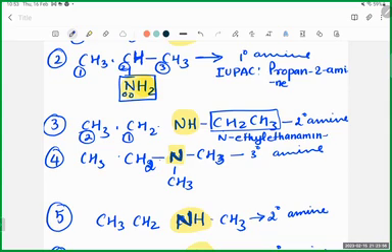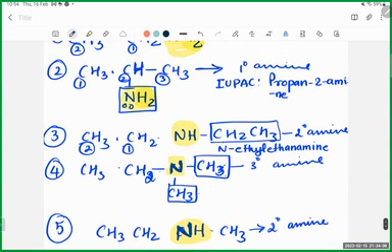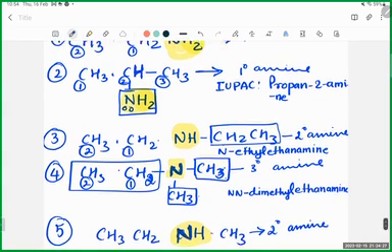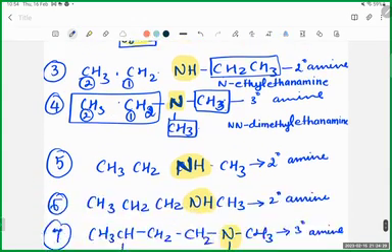Is it clear, Hridaya? Yes, ma'am. Okay. Methyl we have over here, right? Since 2 are identical, can we go for N,N-dimethyl and then the root word? Help me with the root word, Hridaya. Ethanamine, right? Yes, ma'am.